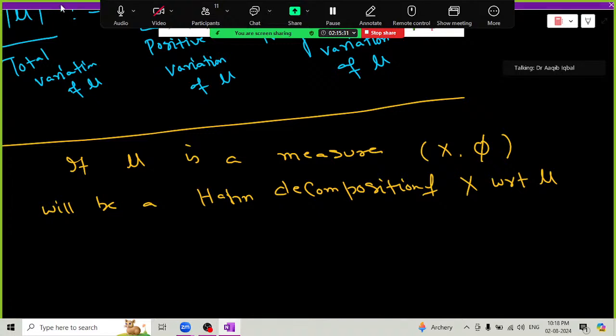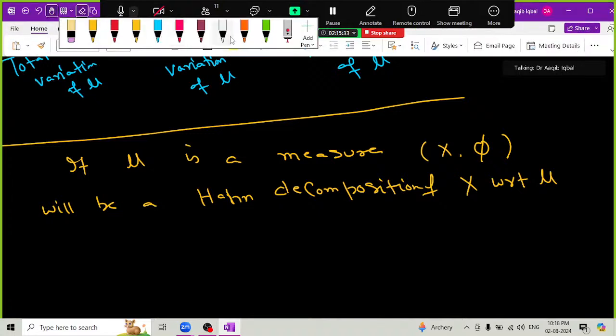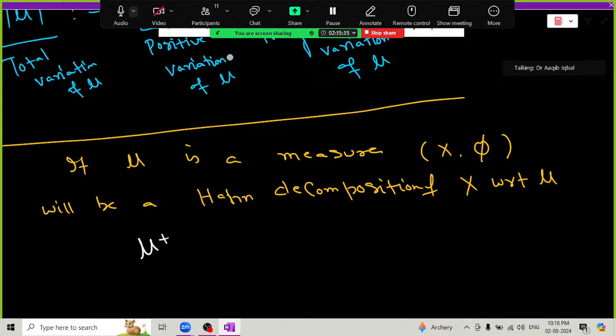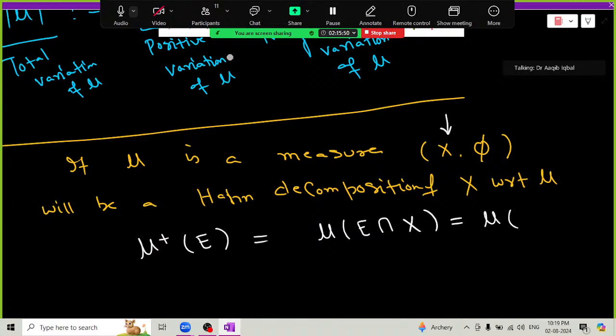So what will be mu plus in this case? Mu plus, when evaluated at E, by definition is equal to mu of E intersected with the first component in the Hahn decomposition, which is x here. So it will be mu of E intersected with x, which is actually mu of E. This is true for all E in the sigma algebra.